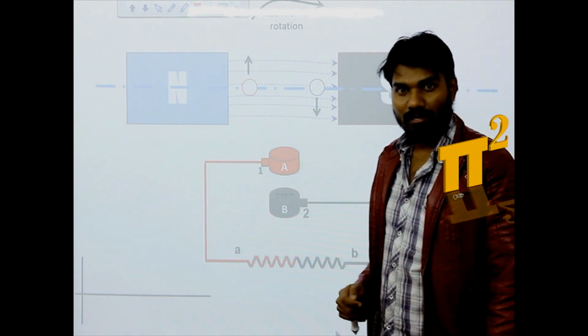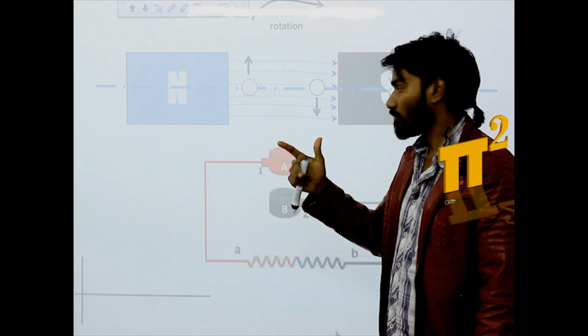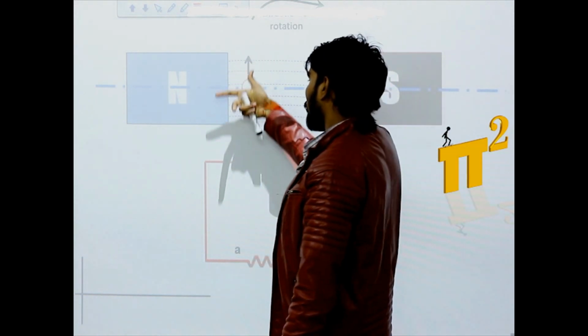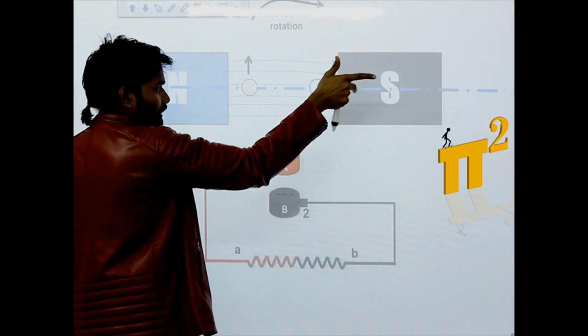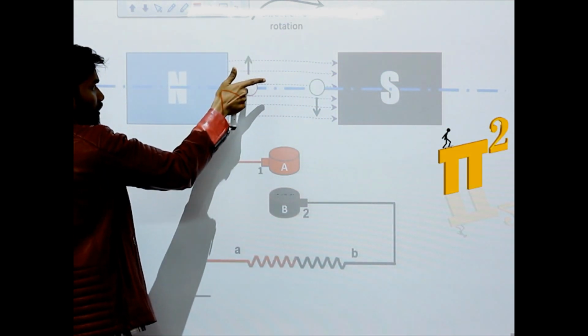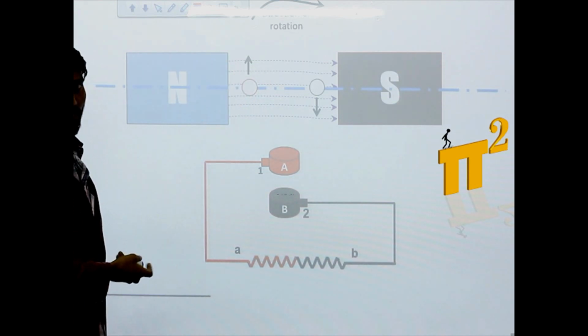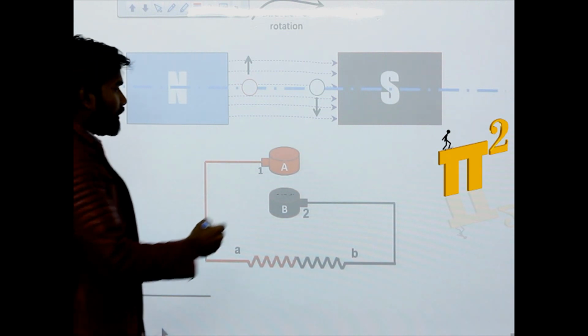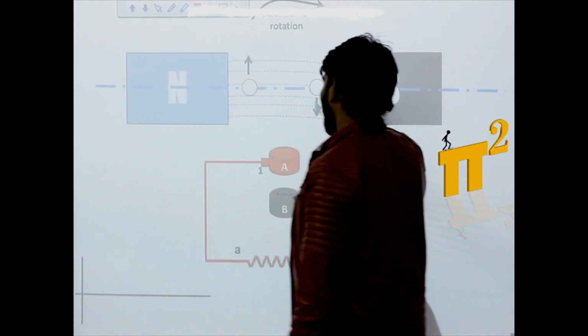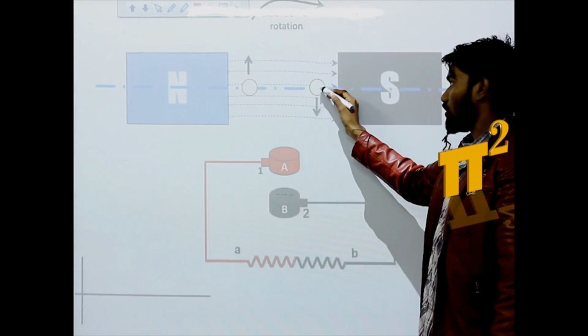If you apply Fleming's right hand rule, force is upward, flux is this way, current is inward, cross. So here current is cross, and conversely here current is dot.